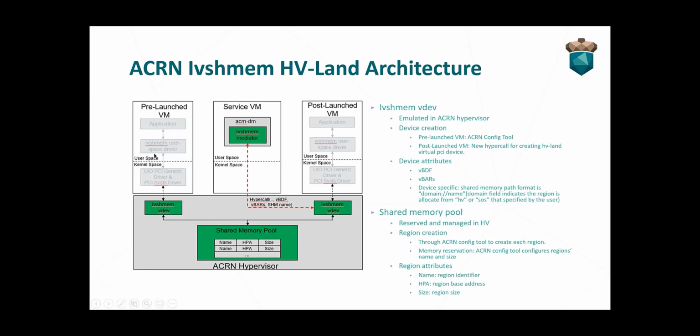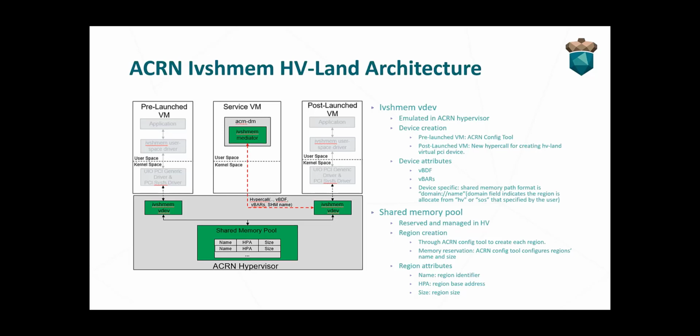So for a pre-launched VM, the virtual BDF and the virtual BAR are allocated by the config tool, and for the post-launched VM, the resources such as BDF and the vBAR address space are allocated by the device model, which is the same as DM-land.